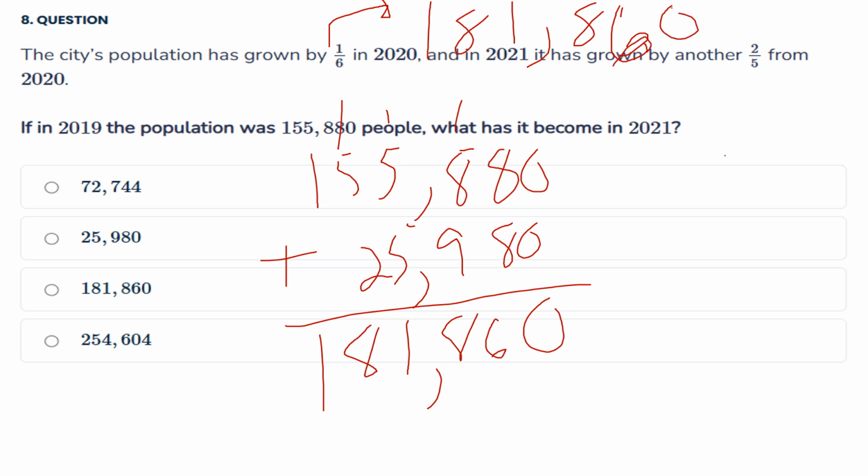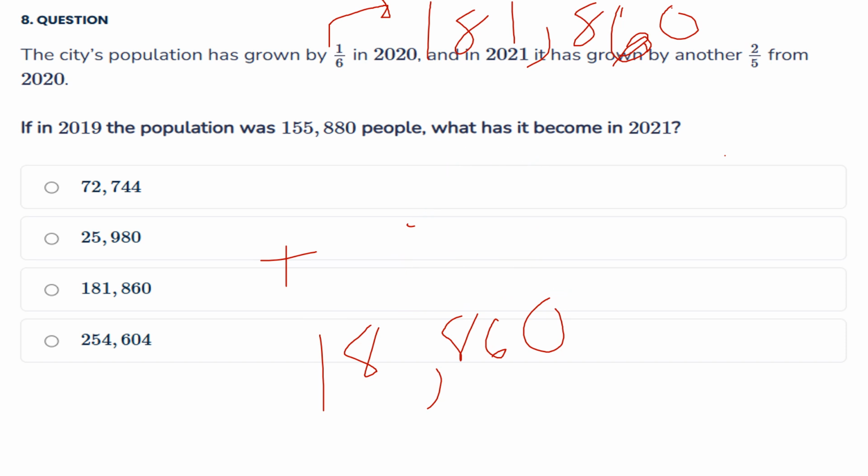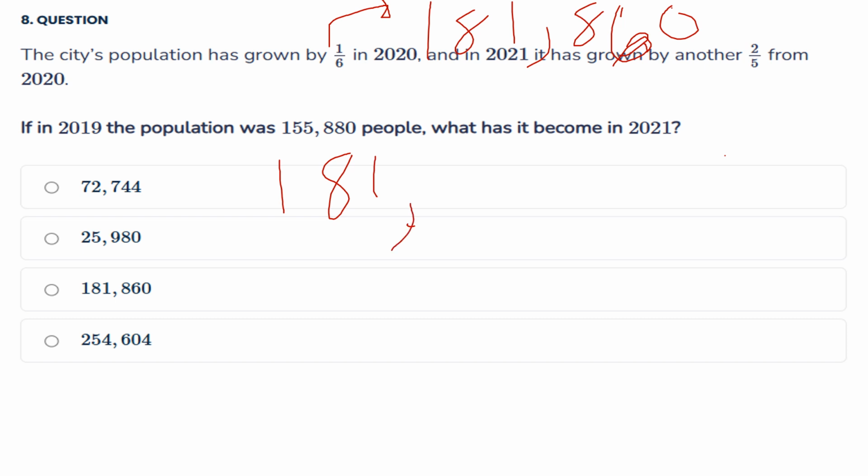All right, now that we know what the population is in 2020, now we can figure out what 2021 is. The way to do that is we're going to take 2020's population and multiply that by the increase, which is 2/5.